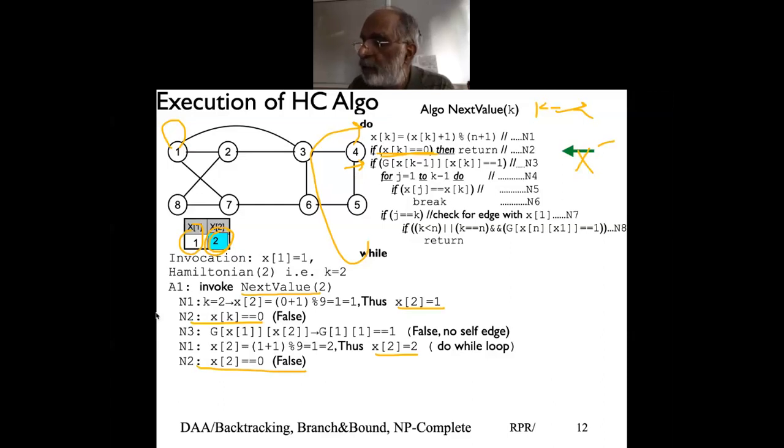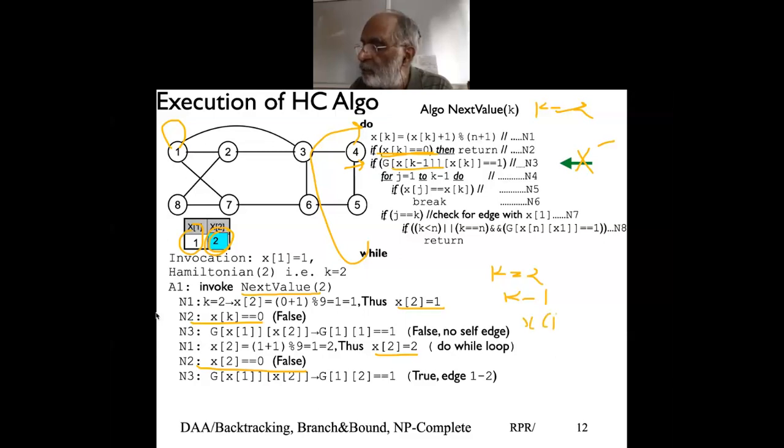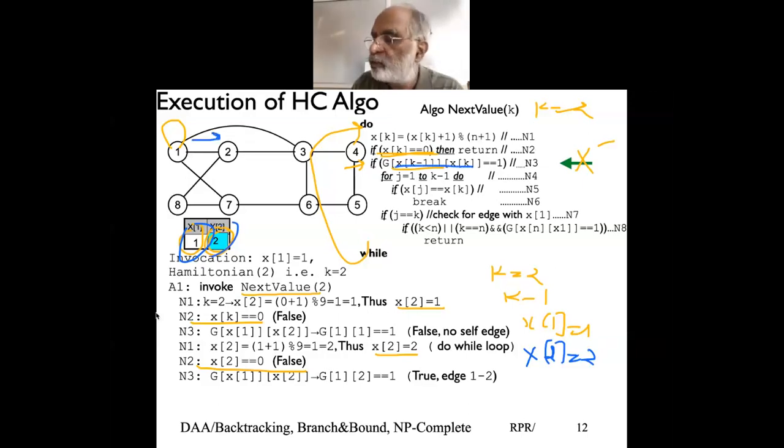Now come to the third step. Remember my k is 2, so k minus 1 is 1. xk minus 1, that means x1, is 1, and x2, which is xk, is 2. Is there an edge from vertex 1 to vertex 2? Yes, there is an edge from vertex 1 to 2, so this is true.